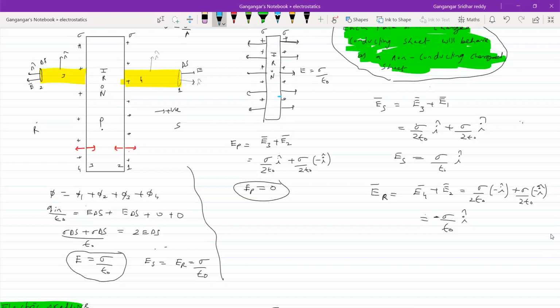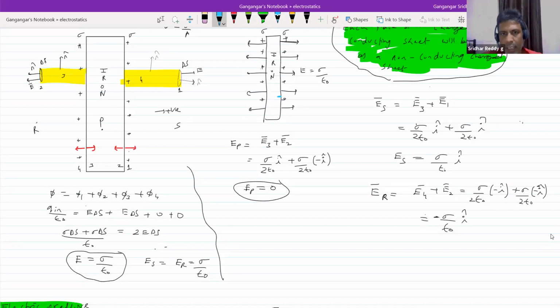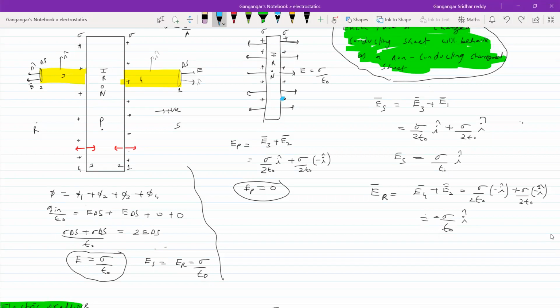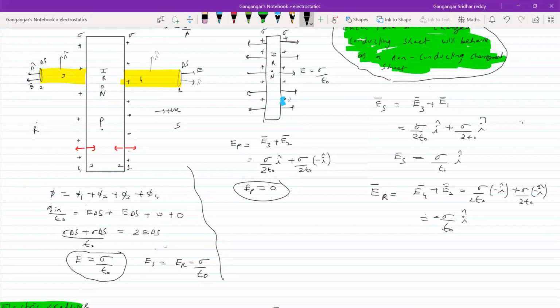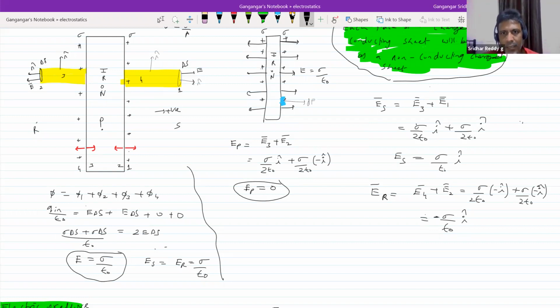Can you calculate the electric pressure in this case also? Yes. So let's assume here a charge dq. Same thing, dF will come. So here also you can bring the same idea.